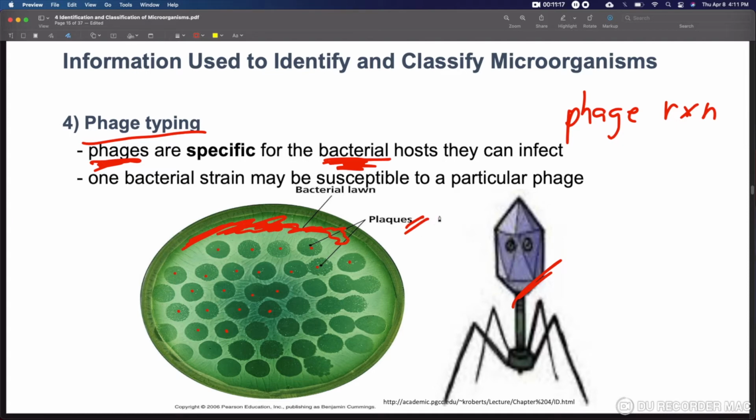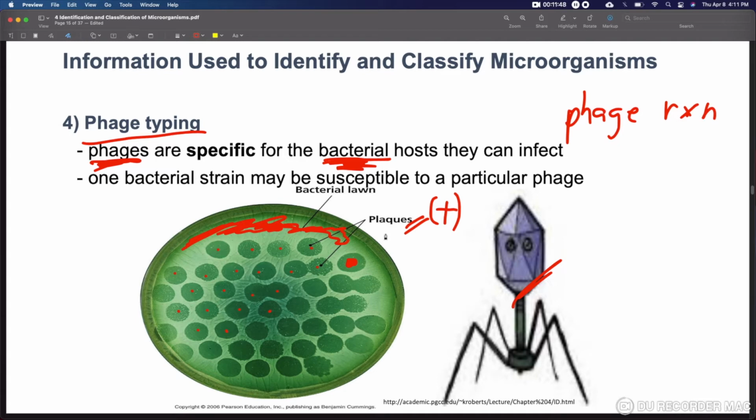If it has this zone of lysis, if it has these plaques, it means it's positive. It means the phage that you dropped right here was able to lyse or kill the bacteria here. So you can confirm if it's that species or not based on the presence of plaques.